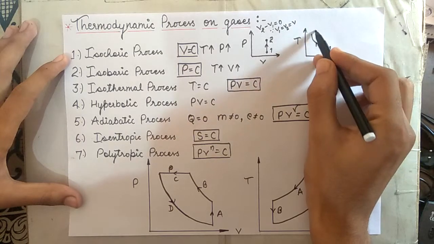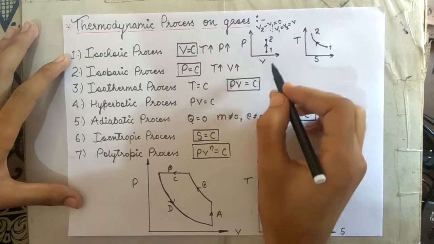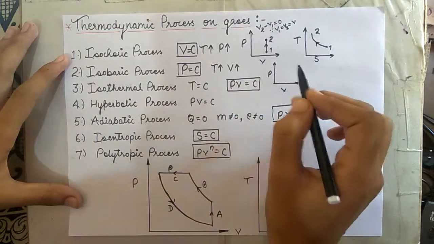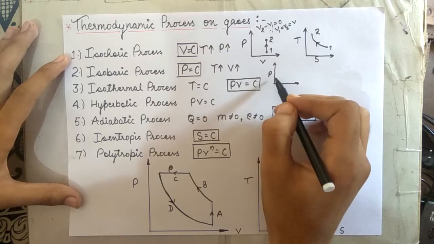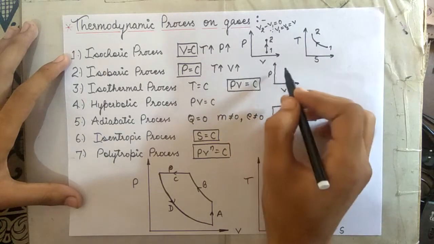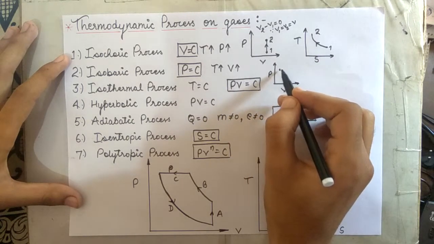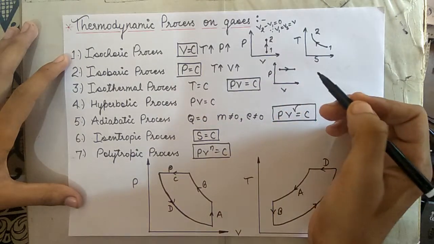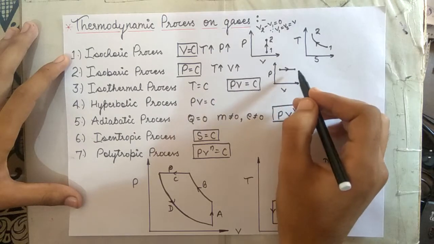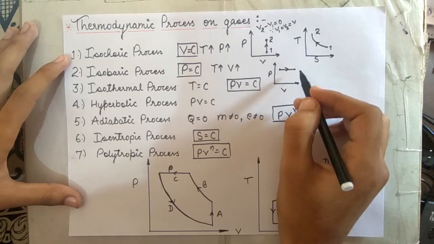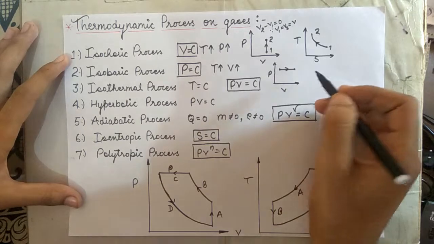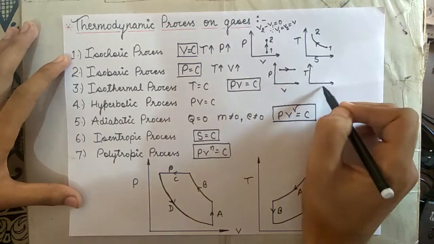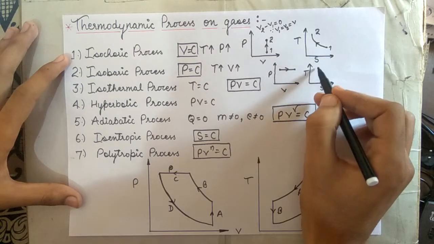Now for isobaric process, same. In the PV diagram, I have my pressure along the y-axis, so the isobaric process will be shown by a straight horizontal line in the PV diagram, and in the TS diagram, it will be shown by a simple curve.